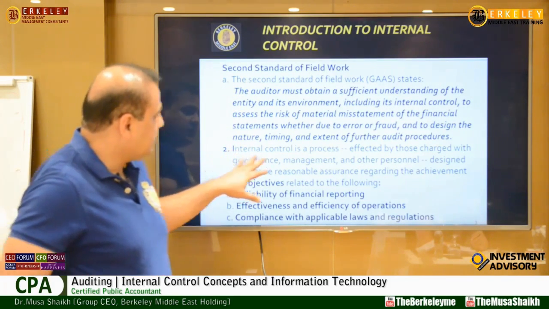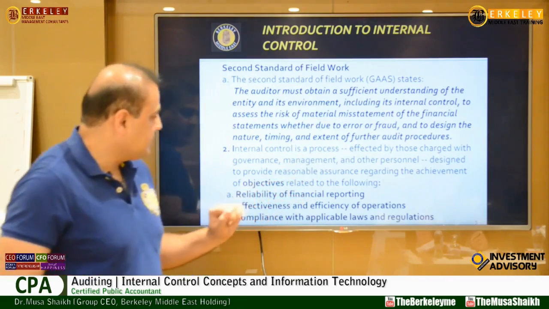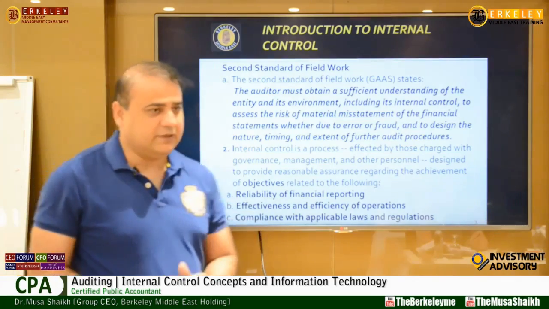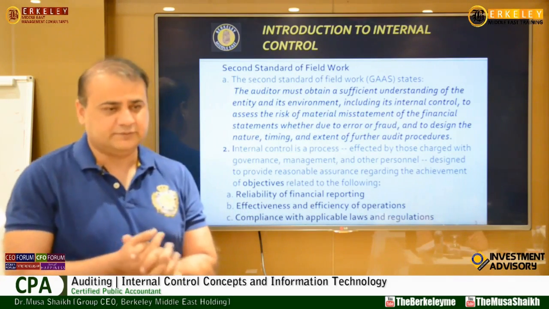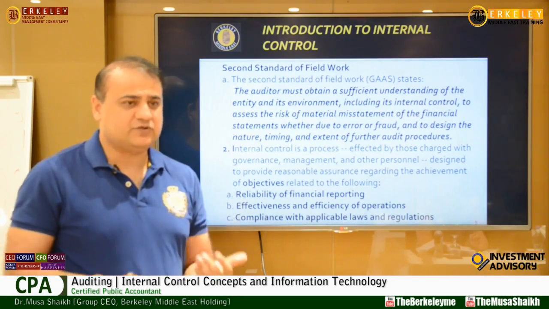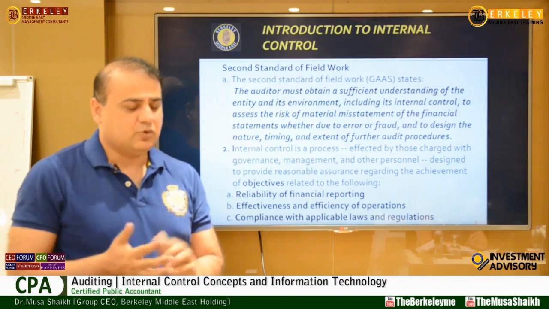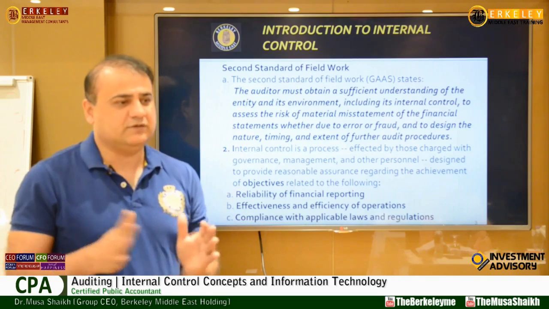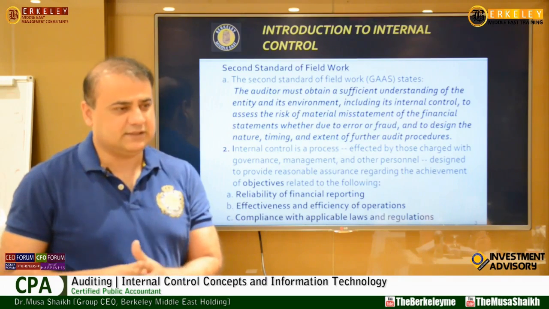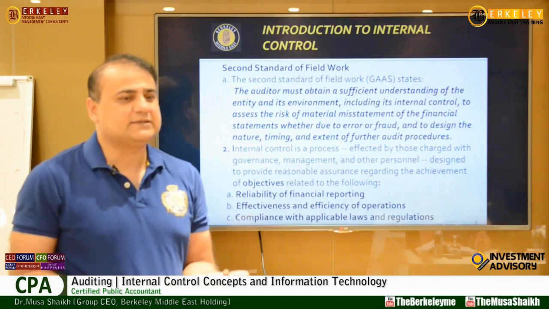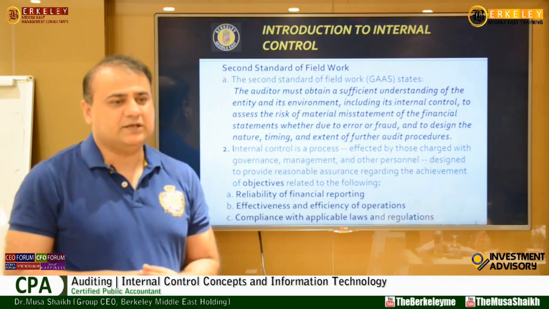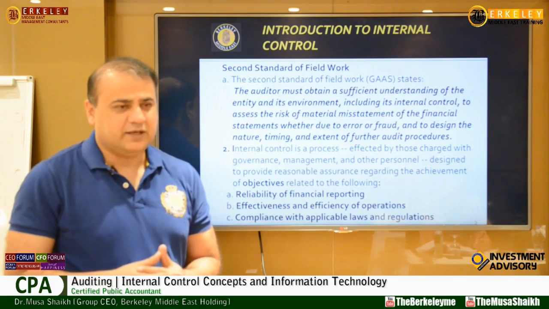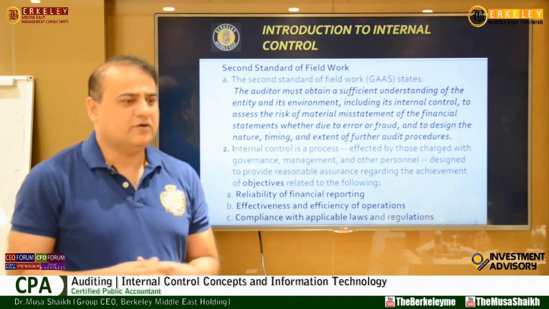Then internal control is a process, he says, which has three objectives. One objective is reliability of financial reporting. When we have a strong internal audit department that tests everything, matches the policy with the implementation, and assesses the risk, it enhances the image in the eyes of the stakeholders, and we start trusting the company financially or non-financially.